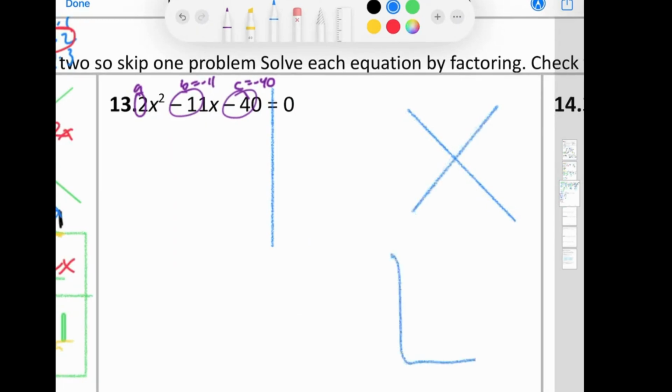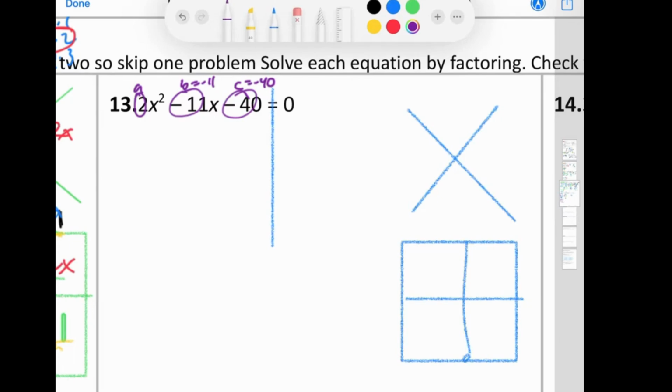Next box. Okay. A times C. So that would be 2 times negative 40 is negative 80. B value is negative 11.